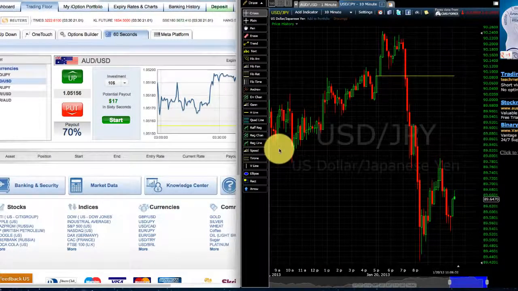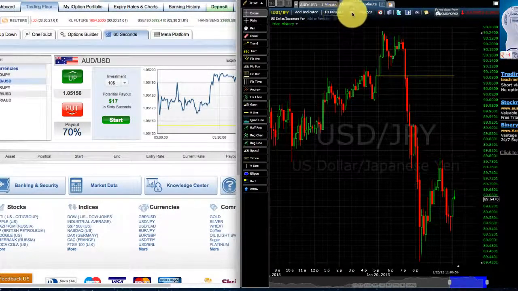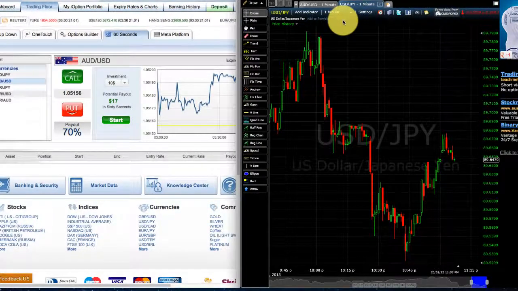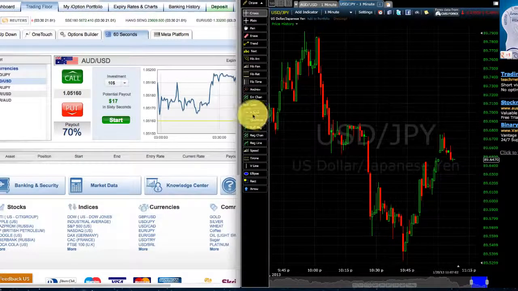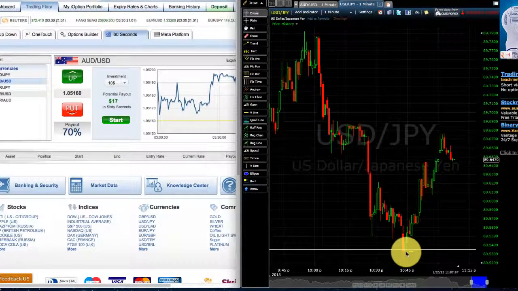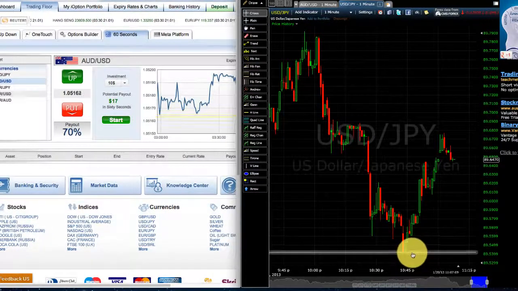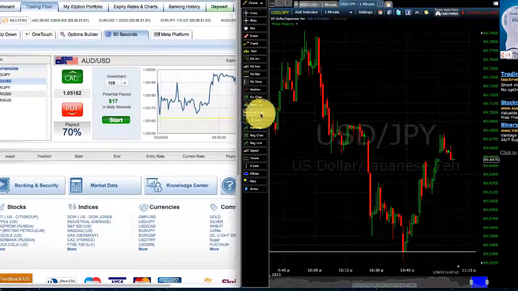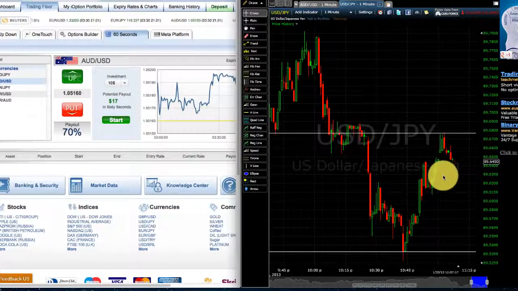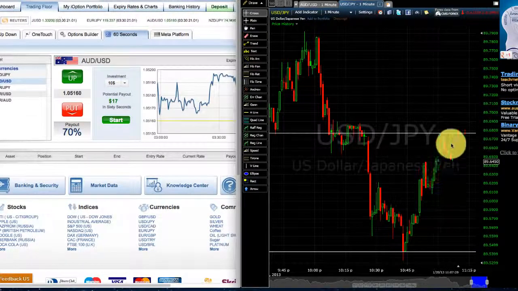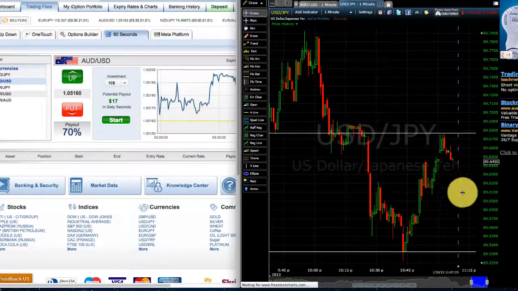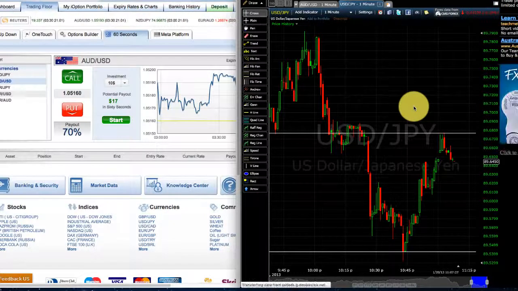Change it to 1 minute. Alright, and let's add in some support lines and resistance lines. So one there, probably say here. So it looks like it's trading through this here. So if this starts to go on a downward trend again, we would look to trade that.